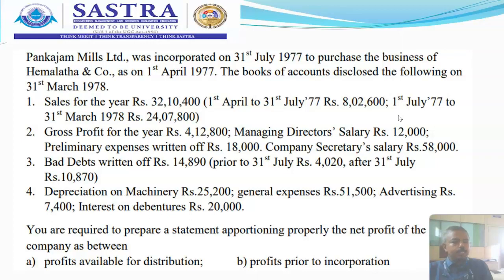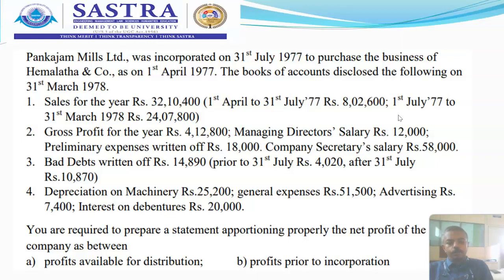The last of the other expenses is advertisement. In the previous exercise also we have seen this. Advertisement is purely related to sales. Hence, the sales ratio can be used to apportion the expenses. The advertisement, which will be 7,400, can be apportioned based on sales ratio, that is 1:3.